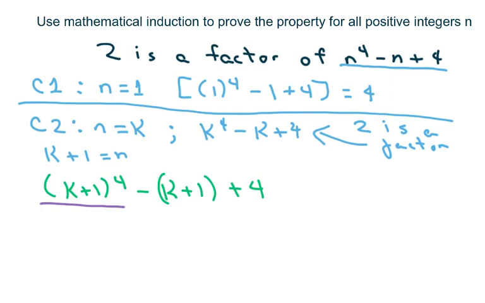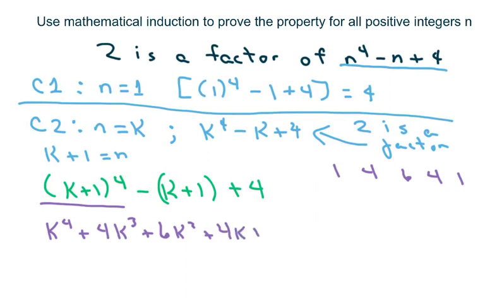Remember on Pascal's triangle, when you have anything to the fourth, you're going to have 1, 4, 6, 4, 1. So this is going to be k to the fourth plus 4k cubed plus 6k squared plus 4k plus 1.